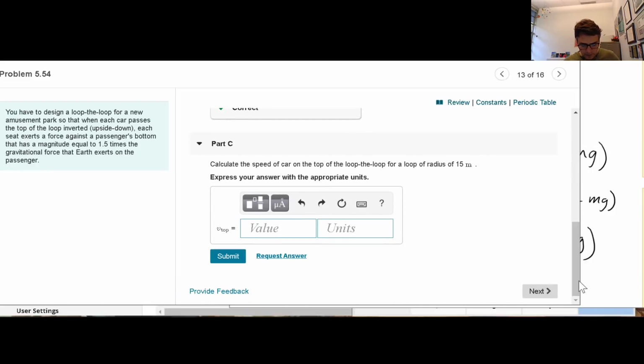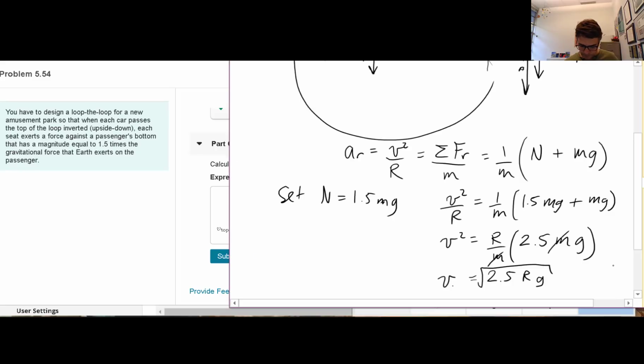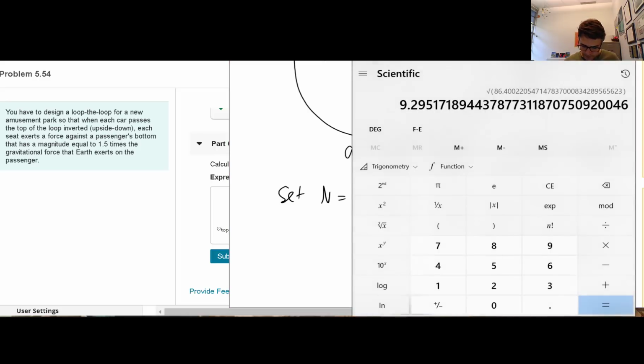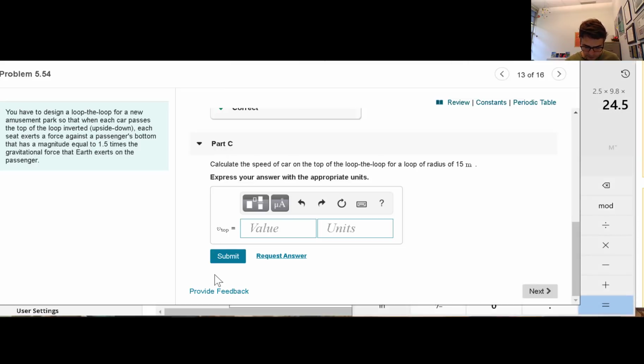Calculate the speed of the car at the top of the loop-the-loop for a loop of radius 15 meters. So that's going to be 15 times g times 2.5, so let's do that. It's 2.5 times 9.8 times, what was it again, 15 meters?